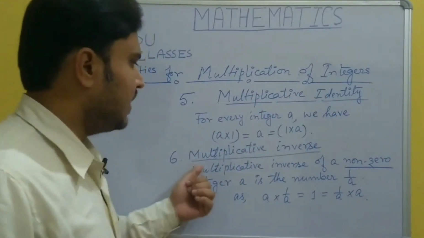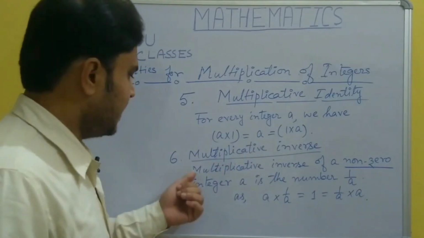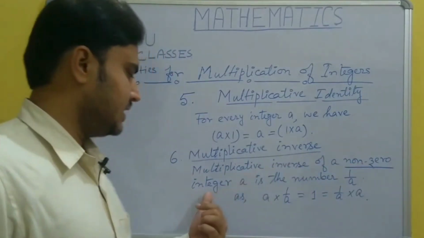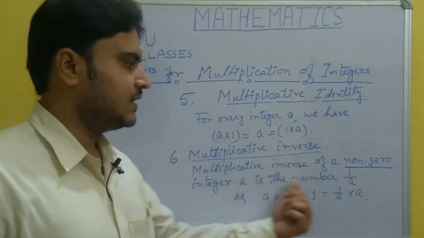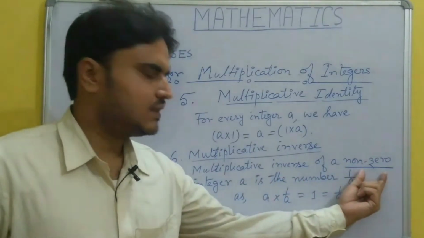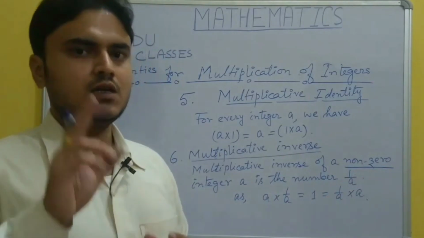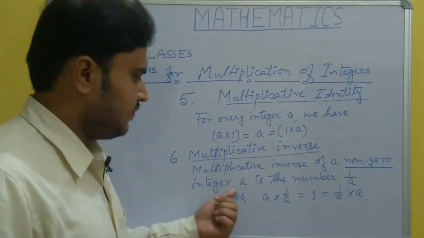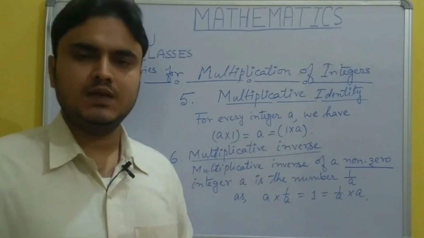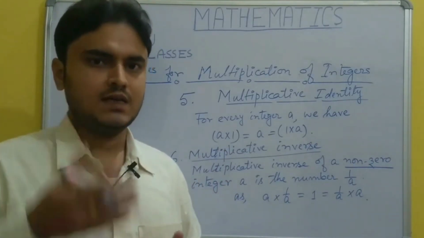The next one is multiplicative inverse. What is multiplicative inverse? Multiplicative inverse of a non-zero integer a is the number 1 by a. Just look at this line, non-zero integer. So the integer must be non-zero here. If an integer number a, then its multiplicative inverse will be the reciprocal of a, that means 1 by a.